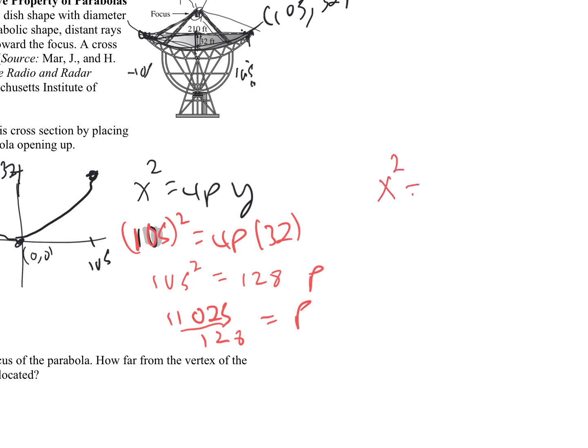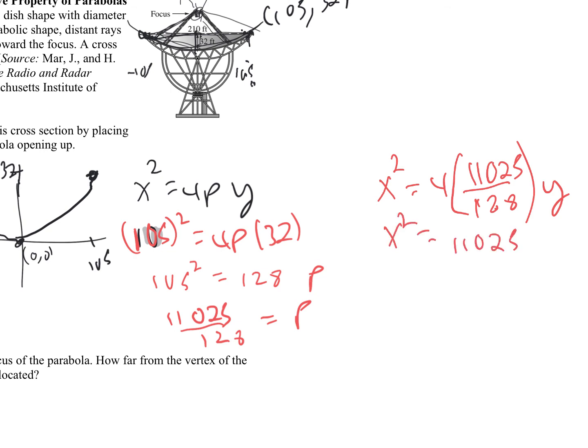X squared must be 4 times that fraction, 11,025 over 128, times y. I can take 4 out of the 128 and reduce that. So x squared equals 11,025 over 32 y. So there's your perfectly good equation. That was all he wanted you to do.